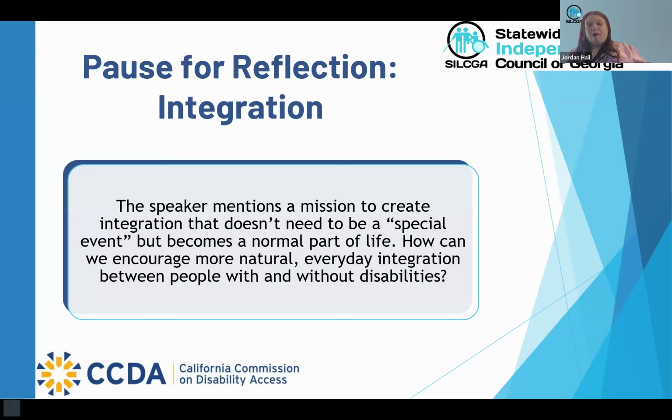And so part of my responsibility as an individual with a disability is having a posture of receptivity and being willing to answer questions, not necessarily feeling entitled, but giving people the ability to ask questions and to have collaboration versus demands.